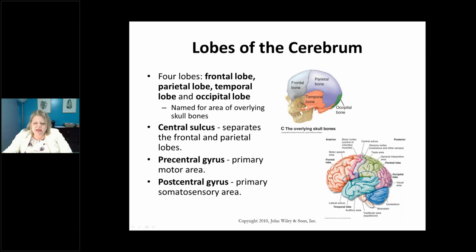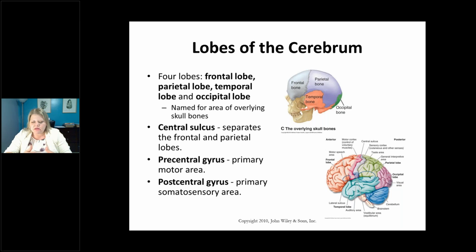I want you to pay attention to the central sulcus. Remember, a sulcus is a more shallow groove, more shallow than, say, the fissure. The longitudinal fissure is dividing the right and the left halves of the brain, whereas the central sulcus is dividing up the anterior and posterior parts of the brain, or more accurately, it is separating the frontal lobe from the parietal lobe.